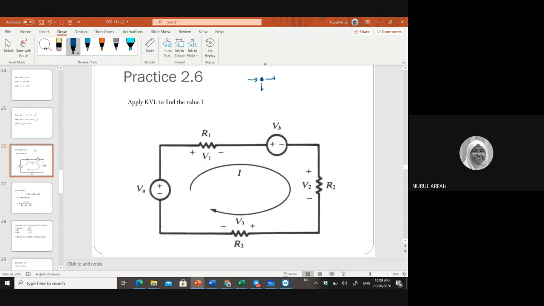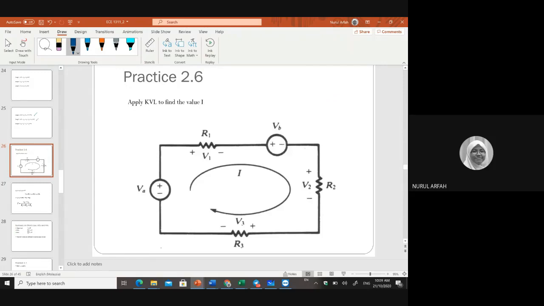Not necessarily at a single node like this, but maybe you have a boundary, then the summation of current entering that boundary or leaving the boundary is also equal to 0. Okay, now this part we have practice 2.6.